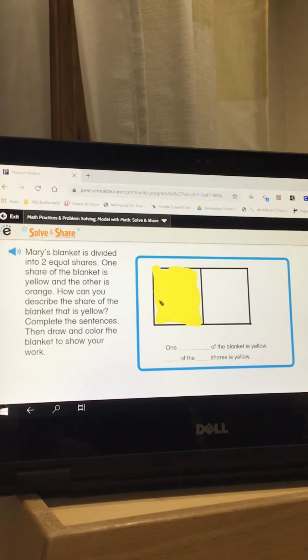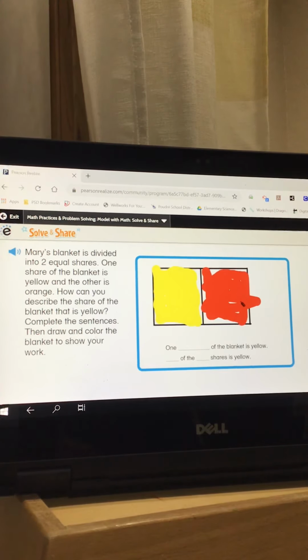There's my yellow side of my blanket. And the other side is orange. I think I only have red. I don't think I have orange. So I'm going to just use red. It's kind of in between a red and an orange, right? Okay, so one side of my blanket is red.